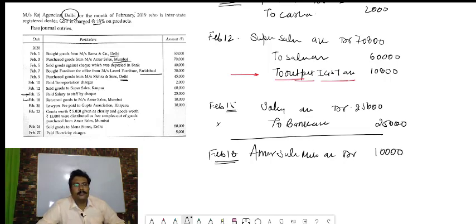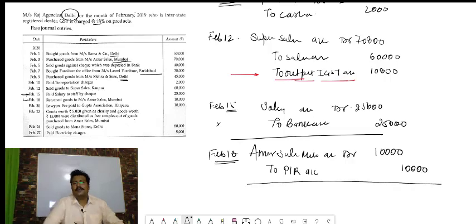Bacha, it is a purchase return, because how can we identify whether it is a purchase return or a sales return? Very simple. When we are returning, it is purchase return. When someone returns to us, it is sales return. Okay. So to purchase return account. How much, bacha? 10,000 is the purchase return amount.